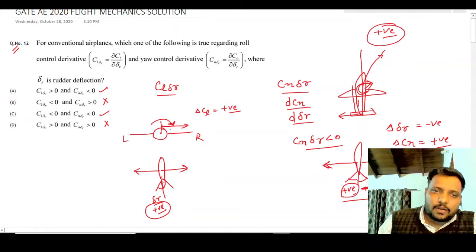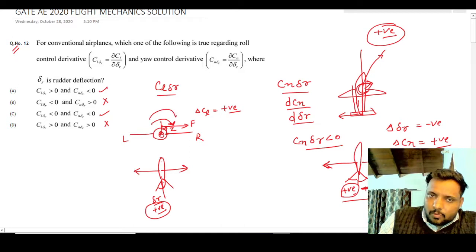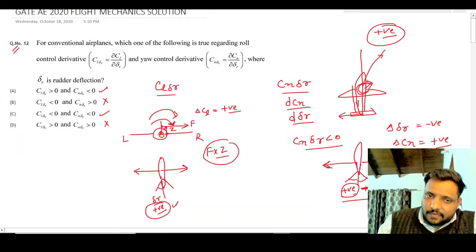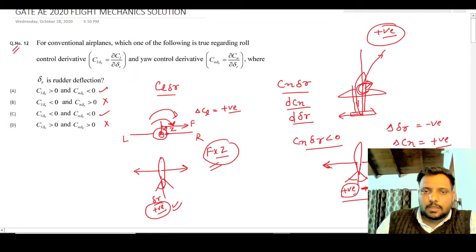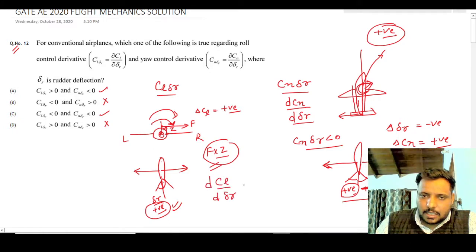So side force towards the right wing, if this is the CG location of the airplane and this is the vertical distance between the CG and the line of action of side force, then if side force is denoted by F and this vertical distance is Z, then there will be a rolling moment in the positive direction, that means F into Z. Okay, so for positive deflection of rudder, the positive rolling moment is being generated, that means CL delta R is positive, or CL delta R greater than 0.